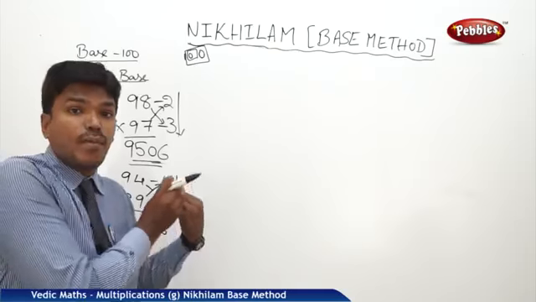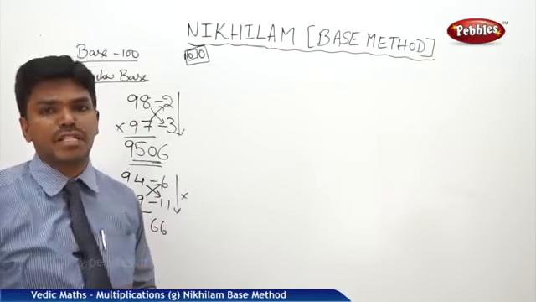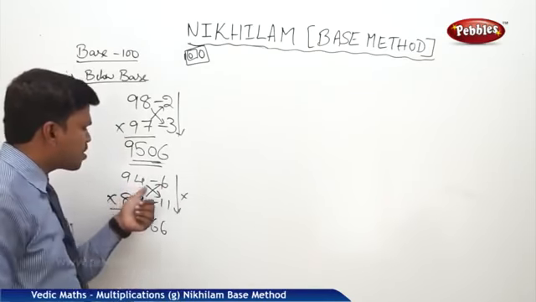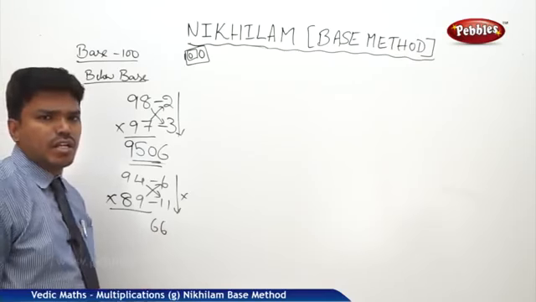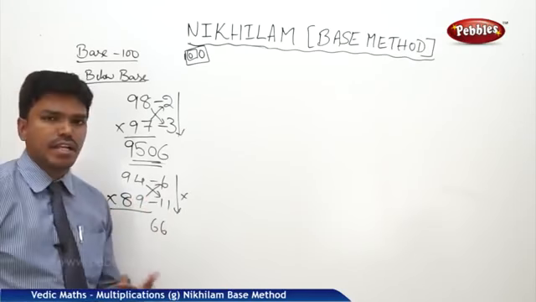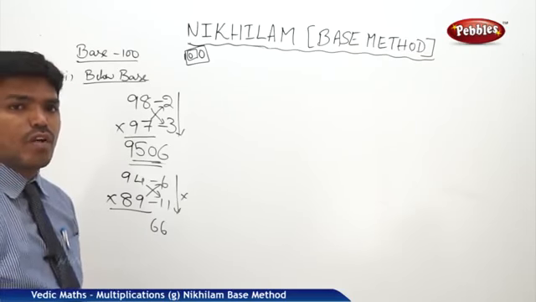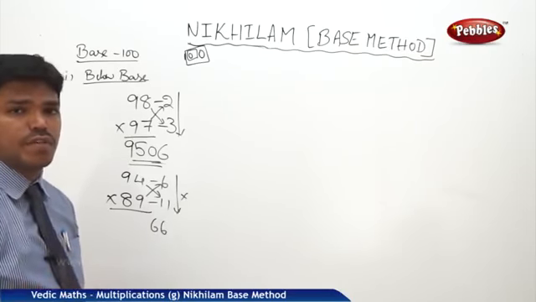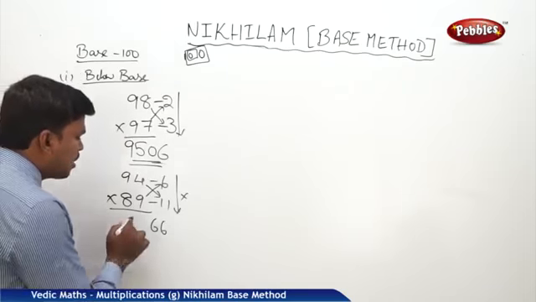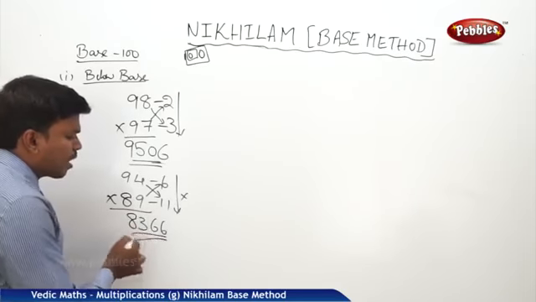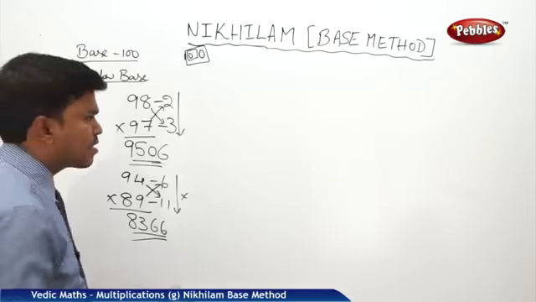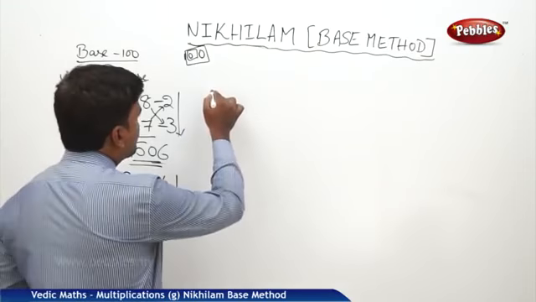Because both the numbers are below the base. So what is 94 minus 11? 83. 89 minus 6? 83. Both the ways you are going to get the same answer. So you don't worry which one we have to do first. Either of the ways, it's up to you. So 83. So my answer is 8366. That's it.